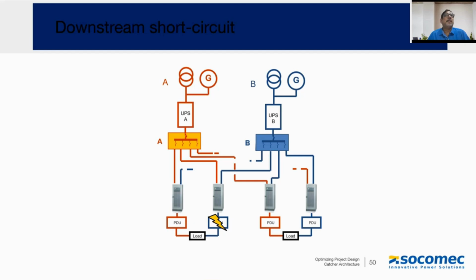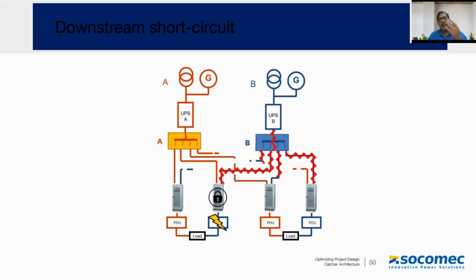So with the STS in the picture, such a fault is effectively mitigated, because even before the upstream source can react or see the effect of these fault currents, the STS will block the particular supply, isolate this downstream fault, and prevent propagation of this fault to the other healthy source.